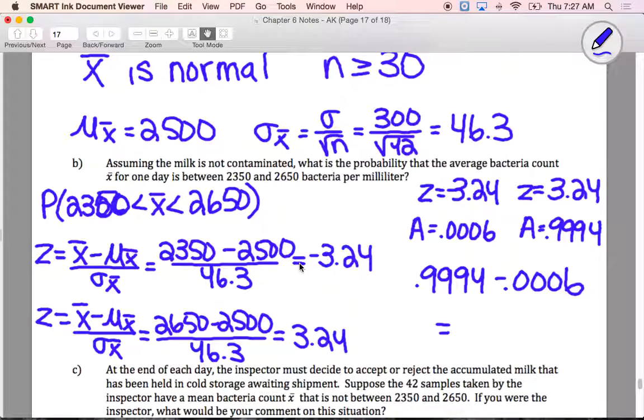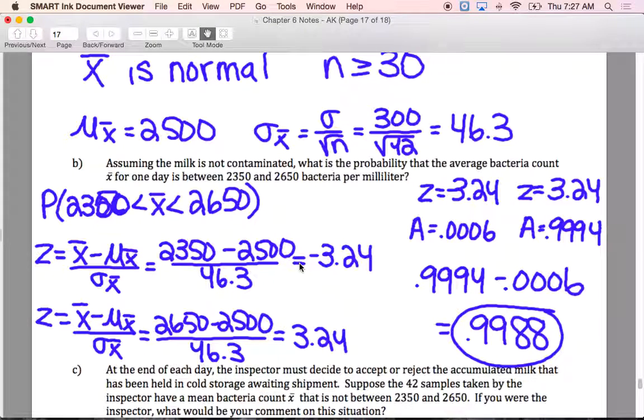So when I subtract these two, I get 0.9988. So they are saying that we have a 99.88% chance of all the bacteria count being between 2350 and 2650.